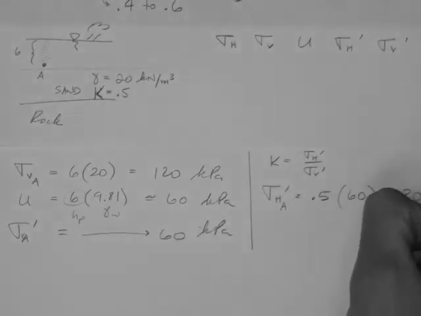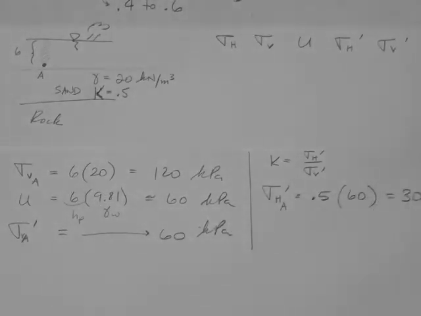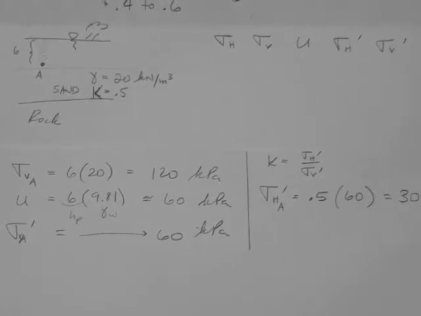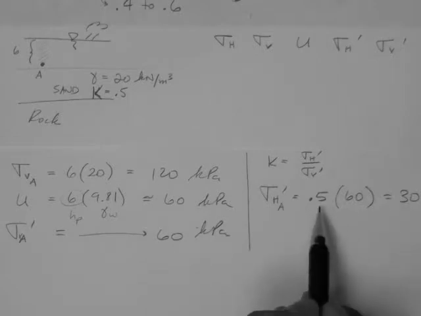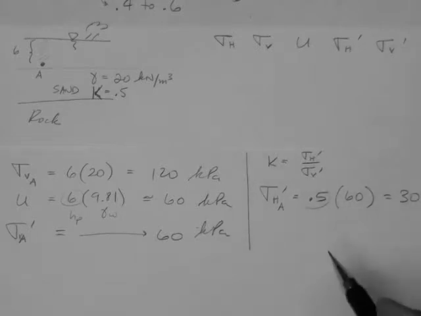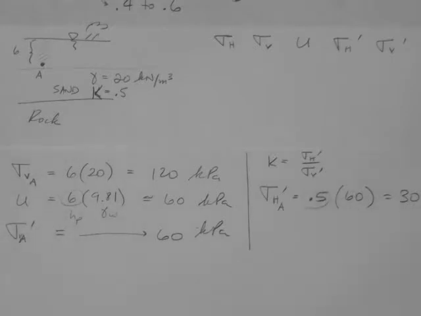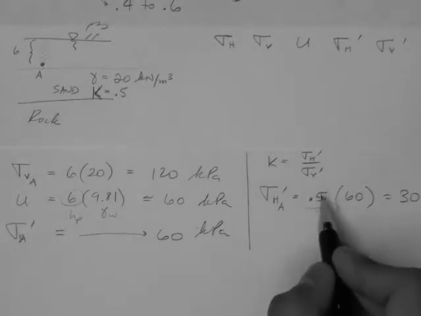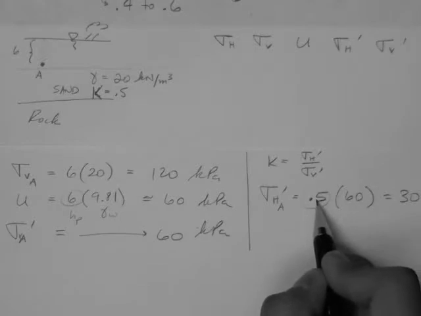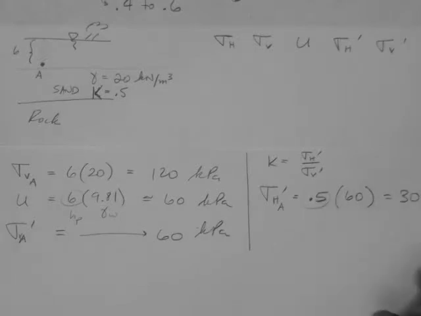So this is 30 kPa. So it's very simple if, of course, you are given this K. Now it's another story to measure this K, but let's say that we have hired somebody to measure it. We're designing, we're calculating, this is the value that we will use, because we are given it, for example, by the lab that we hired.